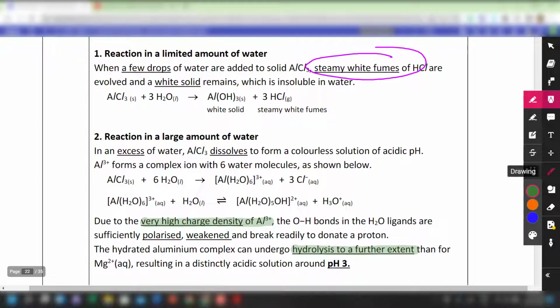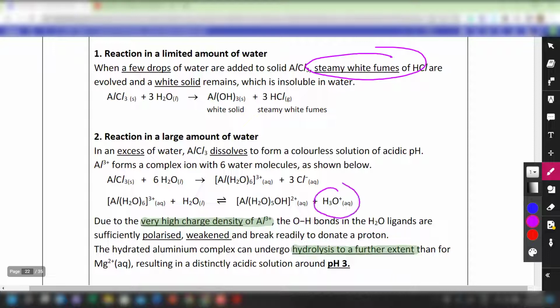The hydrolysis is largely due to the fact that Al3 plus has a larger charge density as compared to Mg2 plus. So being very Lewis acidic, it's able to polarize the OH bond to a very great extent, weakening it, and therefore allowing the nearby water molecules to grab it, and in the process produces H3O plus.